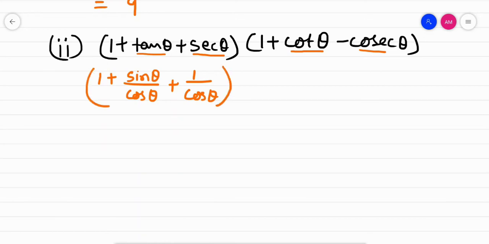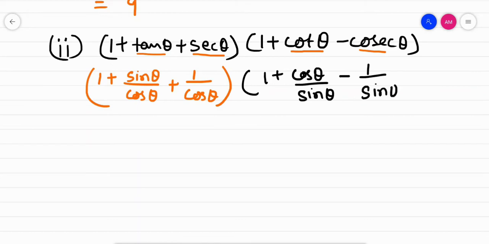Now see the next one. This will be 1 plus cos theta by sin theta minus 1 by sin theta. Now what you have to do is you have to take out the LCM.